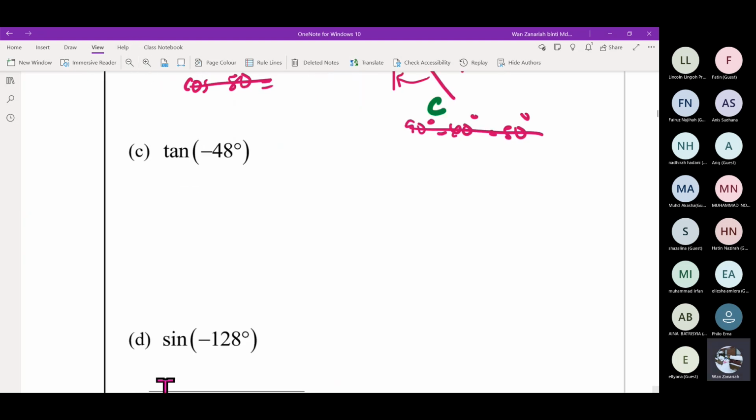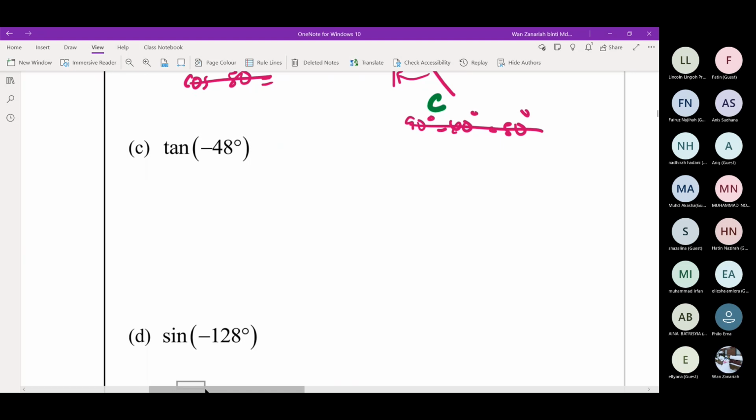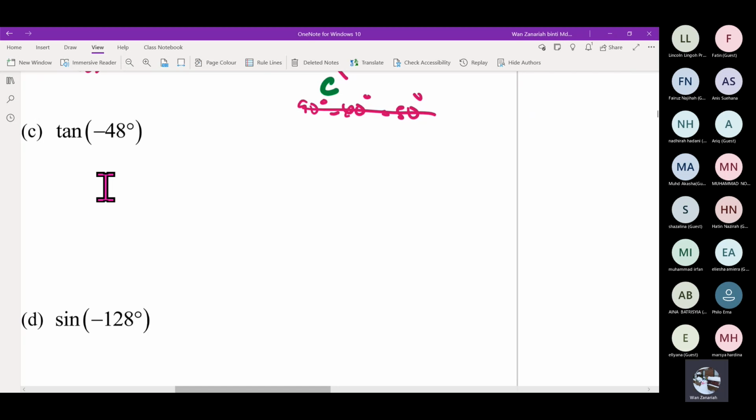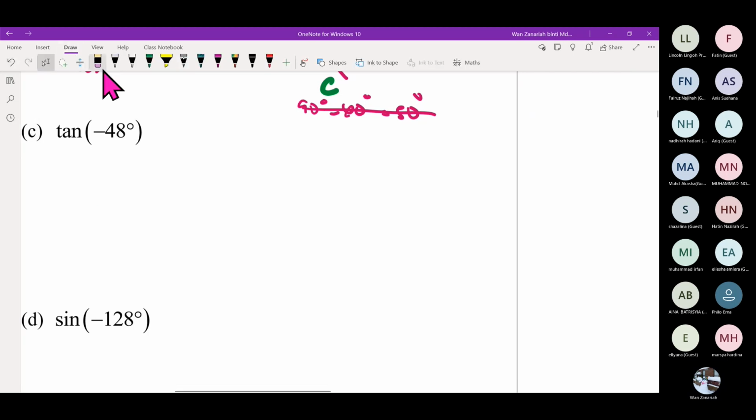Okay, let me enlarge the screen so it becomes clearer to you. Negative 48.